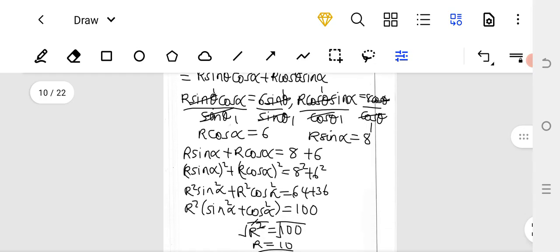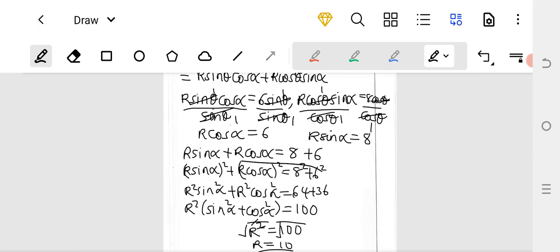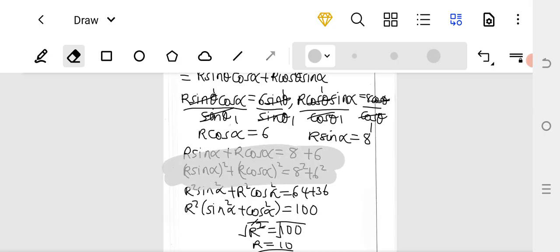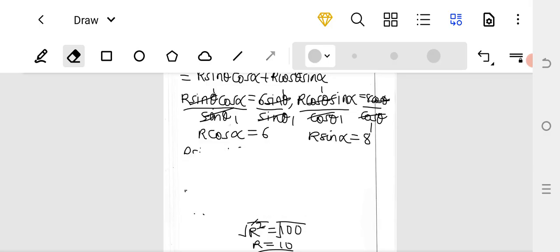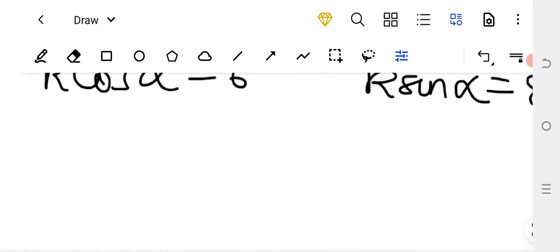So we are just going to clean up this part because of space shortages. We're going to clean up.